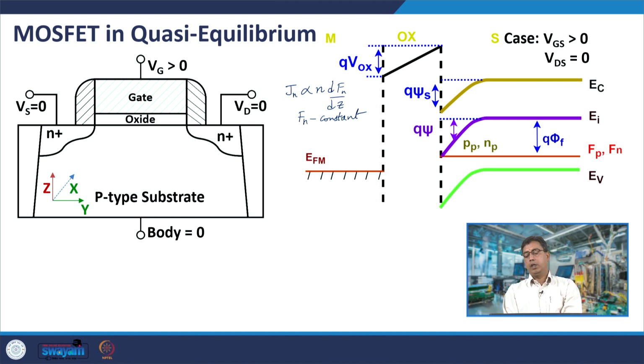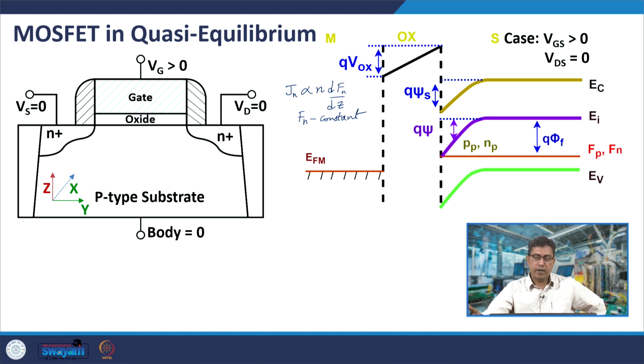The quasi Fermi level deep inside silicon, in the neutral region, is similar to the equilibrium condition, and that is why there is charge neutrality.